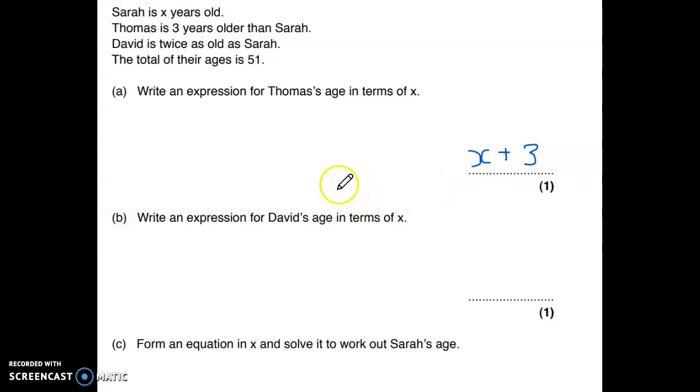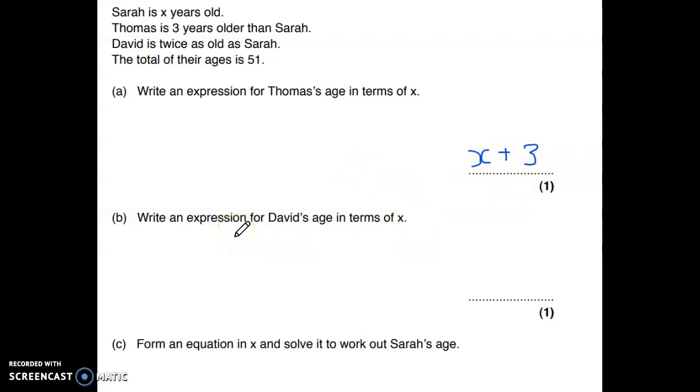So that's Thomas's age, X plus 3. For example, if Sarah was say 12, Thomas would be 15, wouldn't he? 3 years older, 12 plus 3, 15.